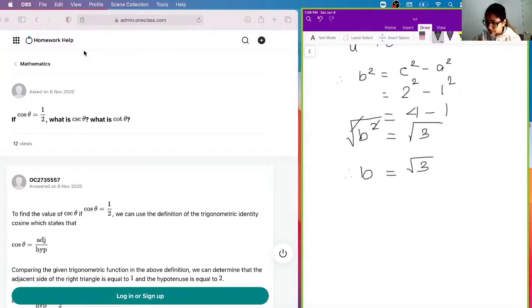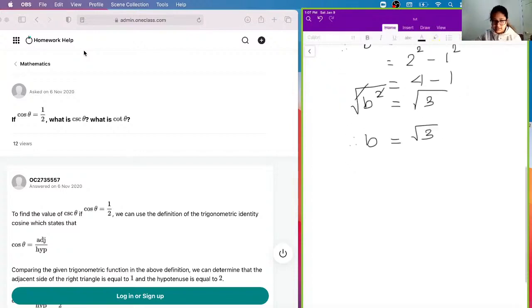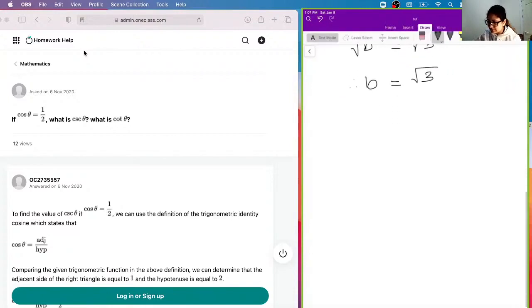Now, using the definition of sine, we can find cosecant. If you recall, cosecant is the reciprocal of the sine function.